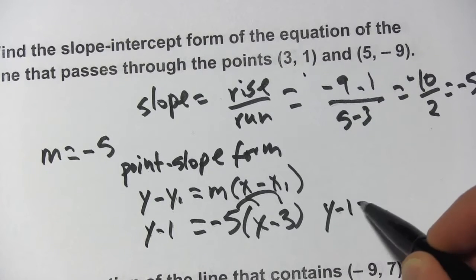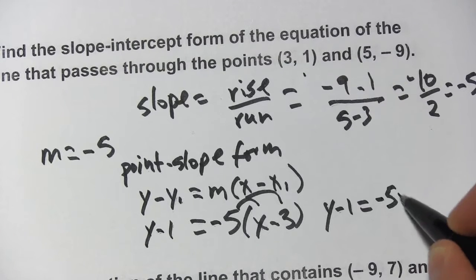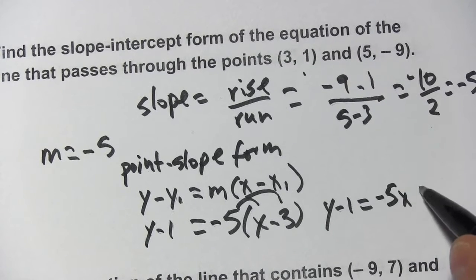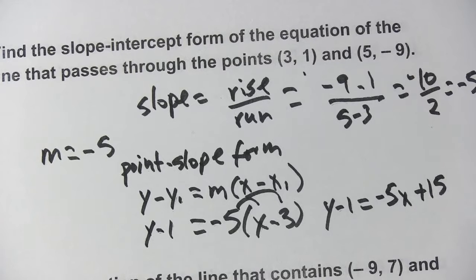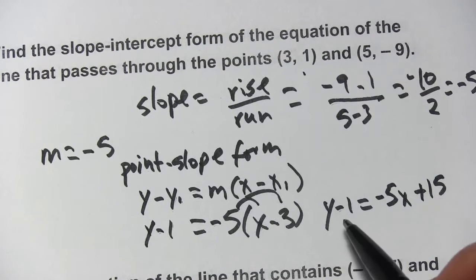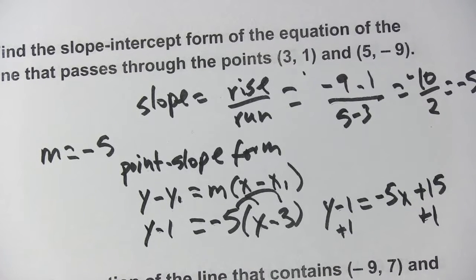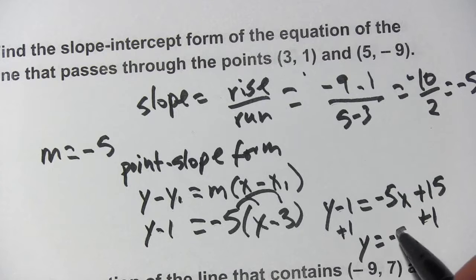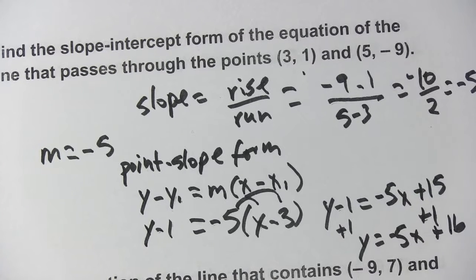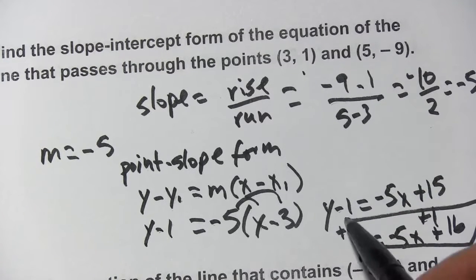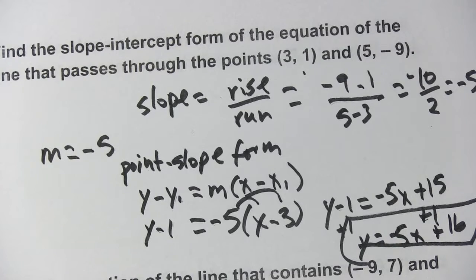I'm going to have y minus 1 on this side, and then negative 5x, and negative 5 times negative 3 is a positive 15. And now all I have to do to get y alone, to put it in slope-intercept form, is just get rid of this negative 1. So I'll add 1 to both sides, and we get y equals negative 5x plus 16. And that is our answer.